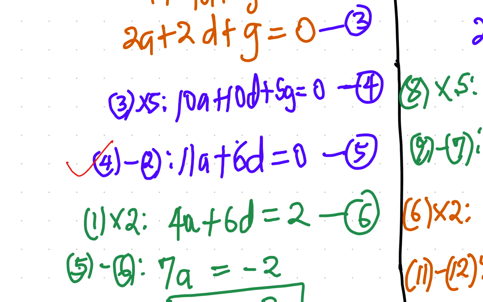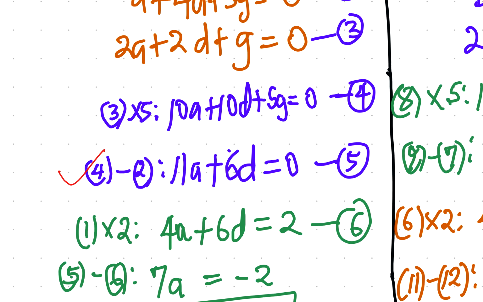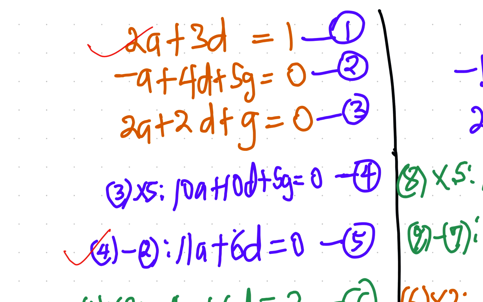So now what am I doing to take care of that? You see, this is already 6D and this is 3D. So I can easily multiply that by 2. If we're going to eliminate A, I would have had to multiply equation 1 by 11 and equation 5 by 2, so they can both have the same coefficient of 22. But it's easier. This is already 6D, so I don't have to worry about multiplying it by anything apart from 1.